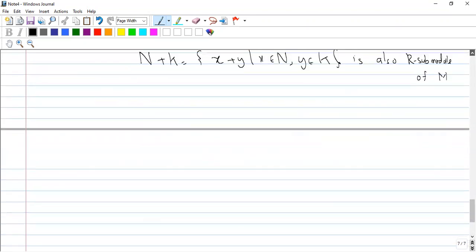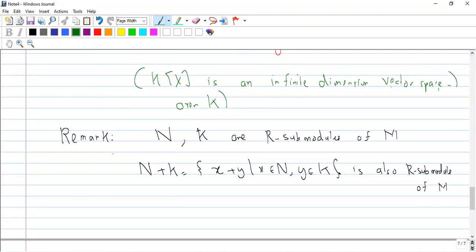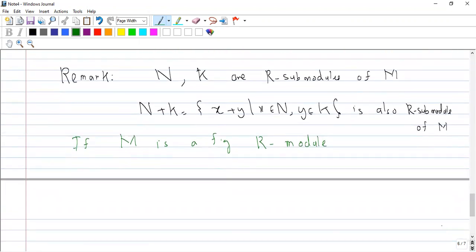Now if M is a finitely generated R-module, so what I can say is that M would be written in this form, generated by x1 up to xn, and it is the set of all linear combinations of these.